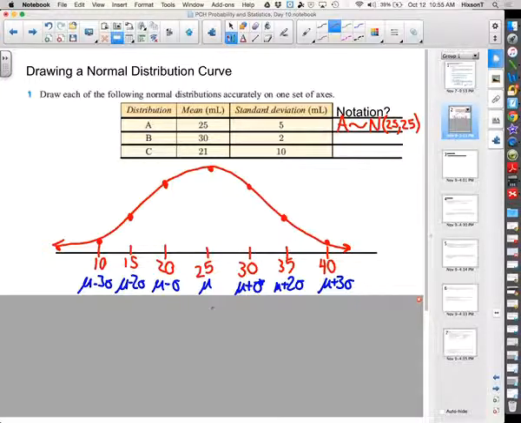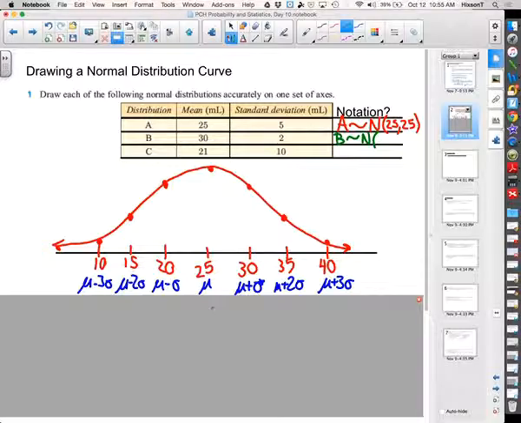Yeah. Alright. Now we can do this with all 3 of these different distributions. Okay? We'll do it again with B here, and then I'll just show you what C ends up being. Okay? B, we would say, is distributed normally.